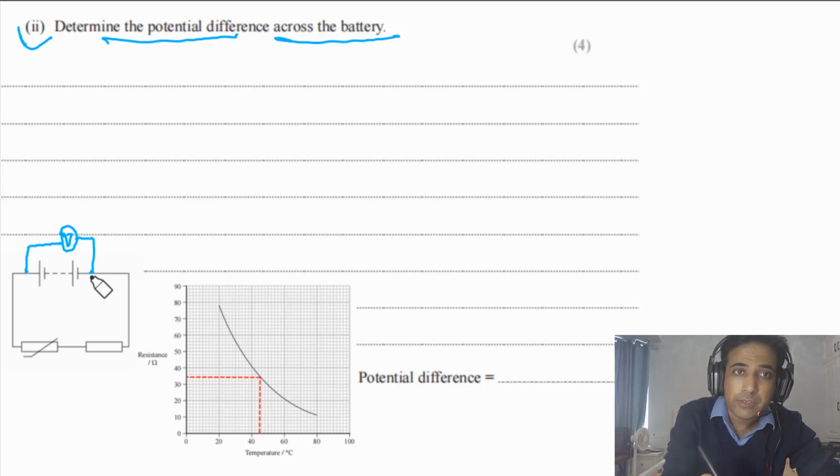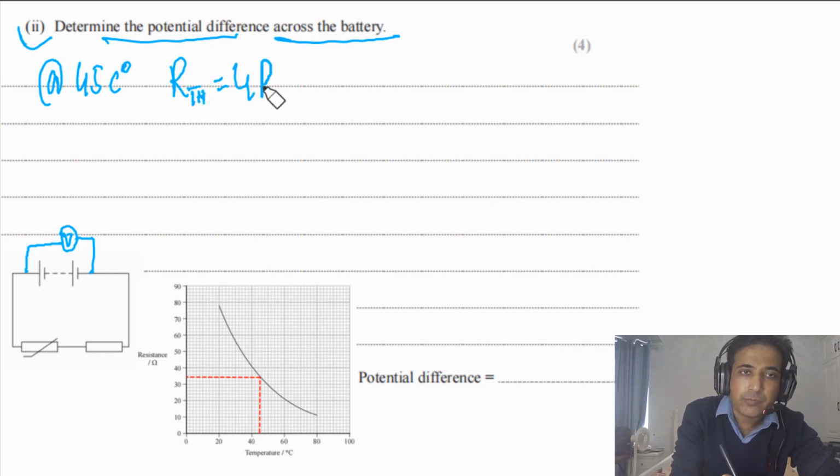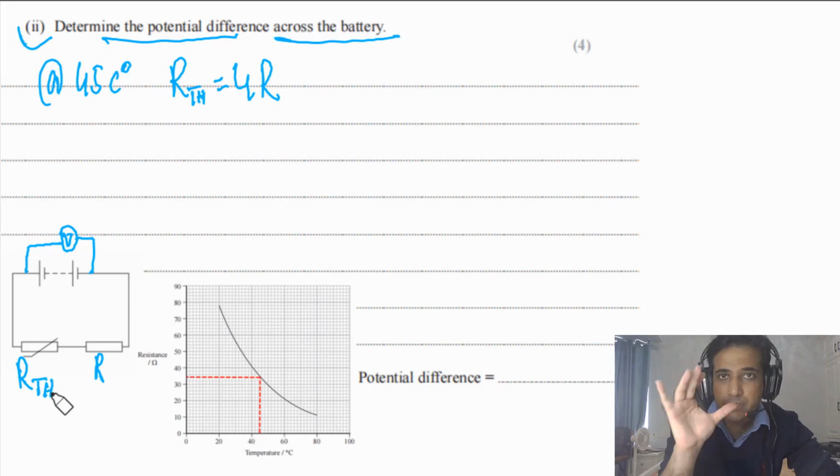For this question, it is given to us that at 45 degrees Celsius, the resistance of the thermistor is equal to 4 times the resistance of the resistor. If the resistor has resistance capital R, then the resistance of this one we can say is RTH. This is given to us in the question.